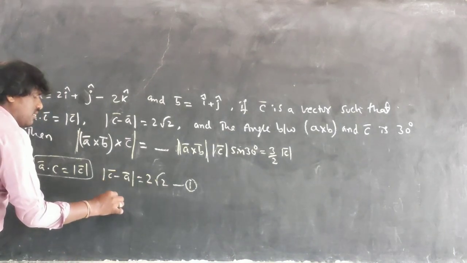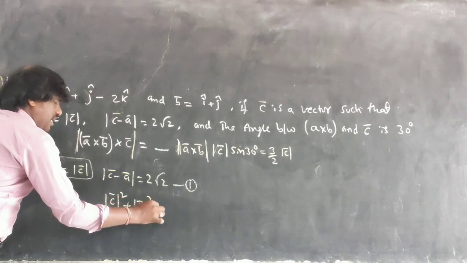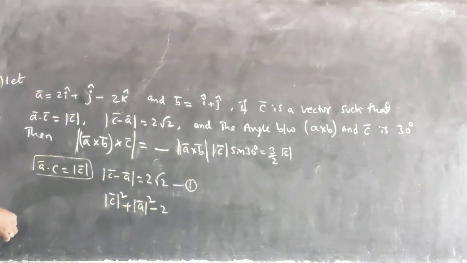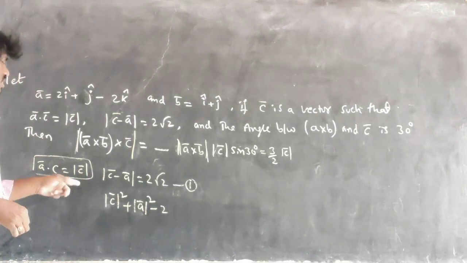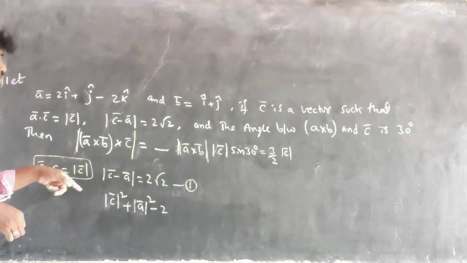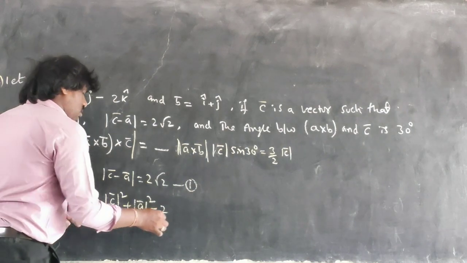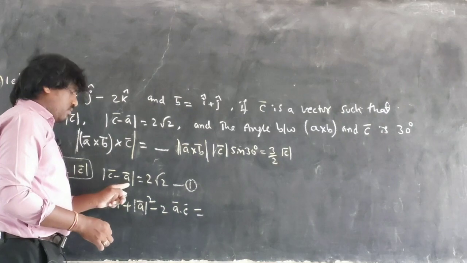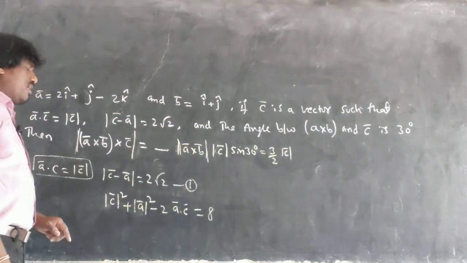Squaring on both sides, mod C square plus mod A square minus 2 times A dot C is equal to 8. The square value is 8.